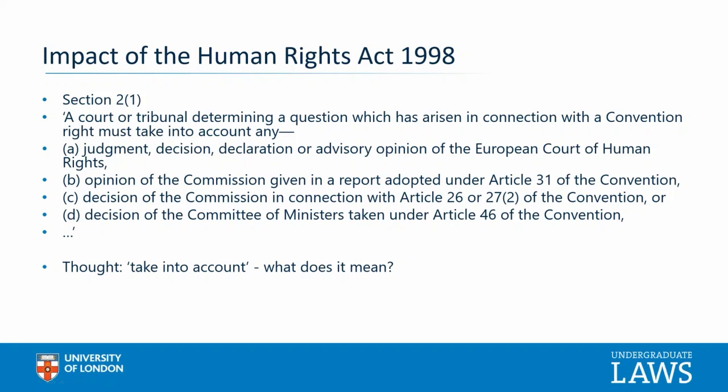Or does taking into account just simply mean examine it, we've considered it, we've taken it into account and we'll reject it? What we see in the last 20 years or so is that there has been an evolution and a change in what this taking into account means, and there is an element of discretion, or there has been, in relation to taking into account.